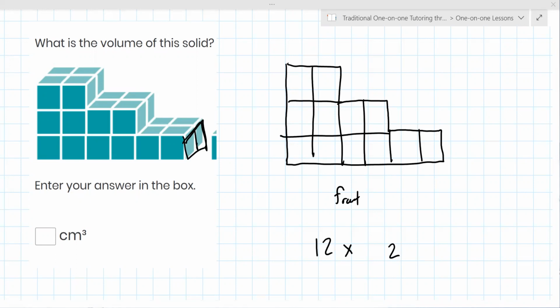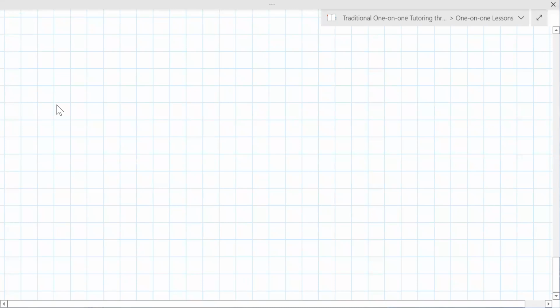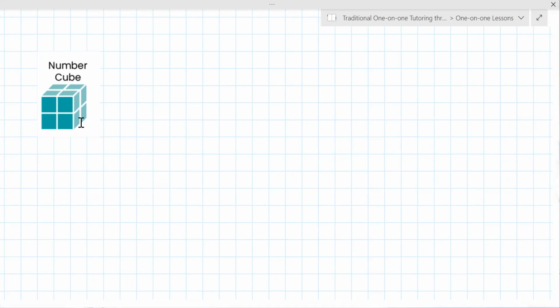All right, let's do another one here. So I just count the front and then I multiply from what's on the side? Yes. Is it 16?